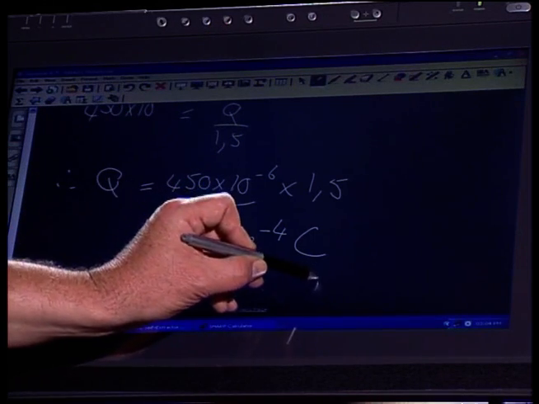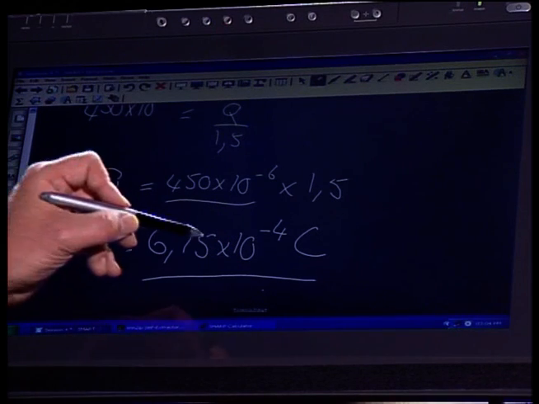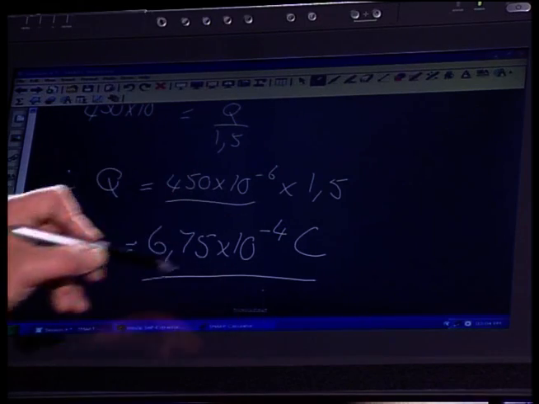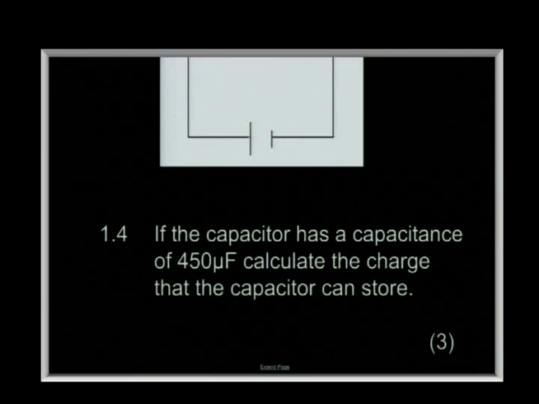But look how big the charge is, how many coulombs it is. 6,7 times 10 to the minus 4. Normally, we're talking about micro or nano coulombs. Here we're talking about a much bigger charge. It's almost 100 times bigger than our normal electrostatics problems. So please take a note of that: there is a lot of charge that is released or stored in a capacitor. Right, let's move on.